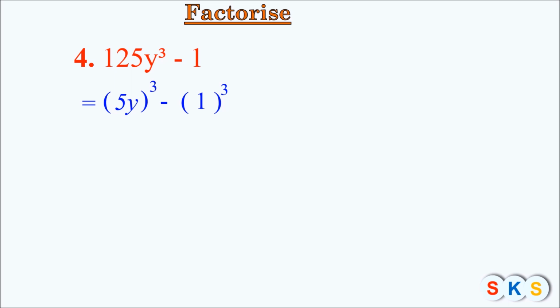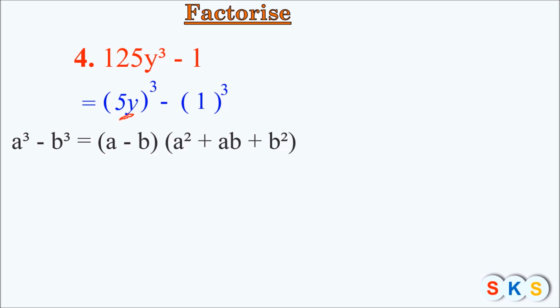So to factorize this, we will use the formula of a cube minus b cube, which is equal to a minus b into a square plus ab plus b square. Now you can see that the first term is cube of 5y. Therefore, we will take a as 5y.